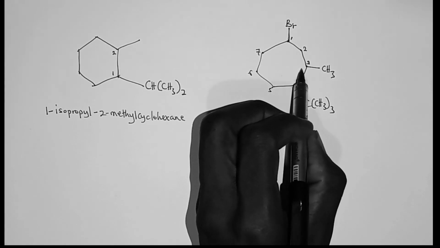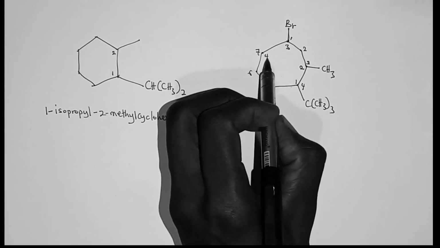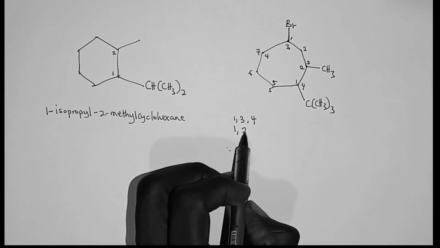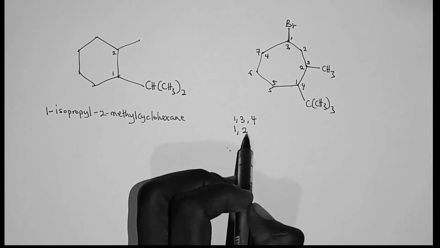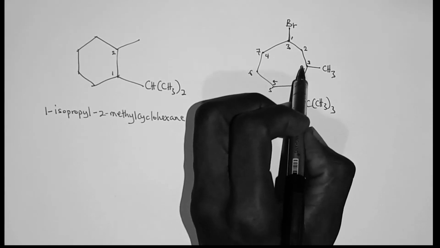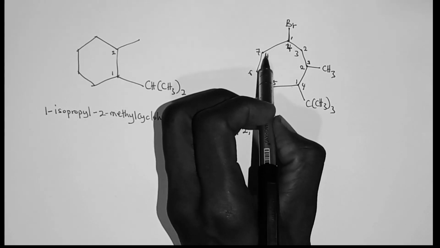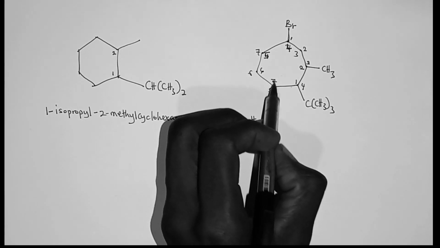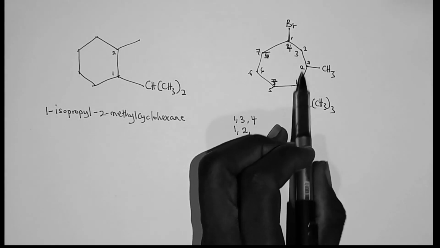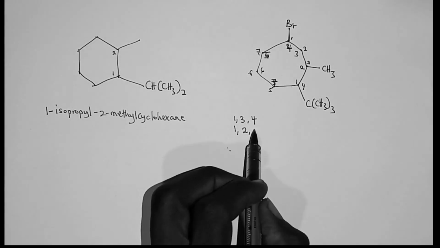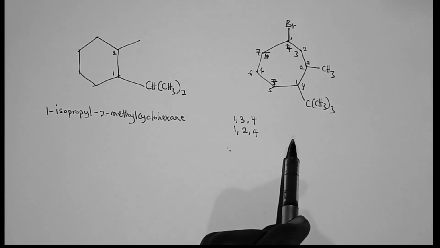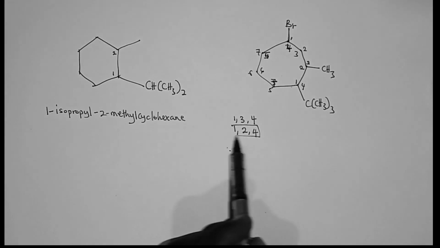So this becomes 1, 2, 3, 4, 5, 6, 7. The substituents are on carbon number 1, carbon number 2, and carbon number 4. So you see that a 1,2,4 is better than a 1,3,4, and therefore we are going to choose a 1,2,4.